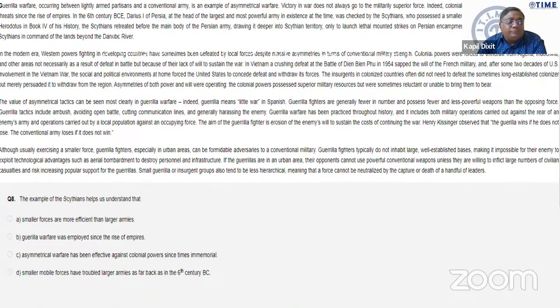Question number 8. The example of Scythians helps us understand that. Oh, this is one example given. Again, a lot of you would have marked A. As far as I can tell, you must have marked A. How many of you have marked A?